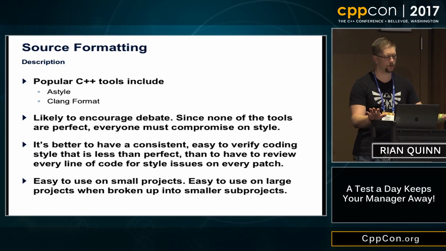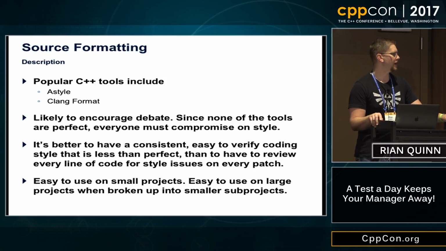Now, the number one issue with these tools, and where you're going to end up with a lot of debate, is that they're not perfect. AStyle I love. Clang format is also another option. The problem is that for as good as something like AStyle is, it's not perfect. And you're going to have to compromise on something. Everybody will.